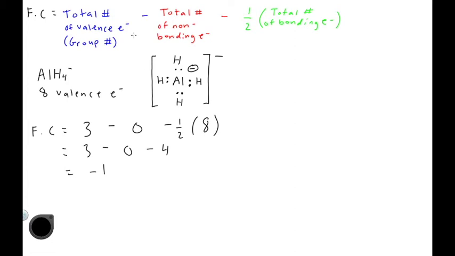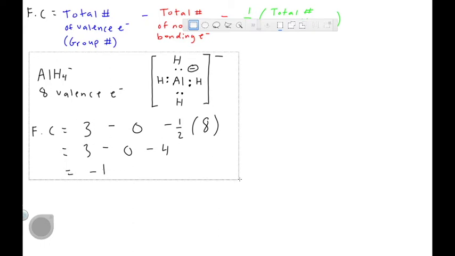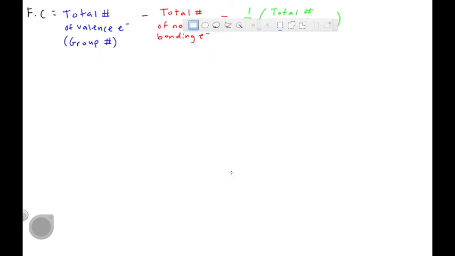For our next example, we have hydronium. Right, and hydronium has the formula H3O plus.